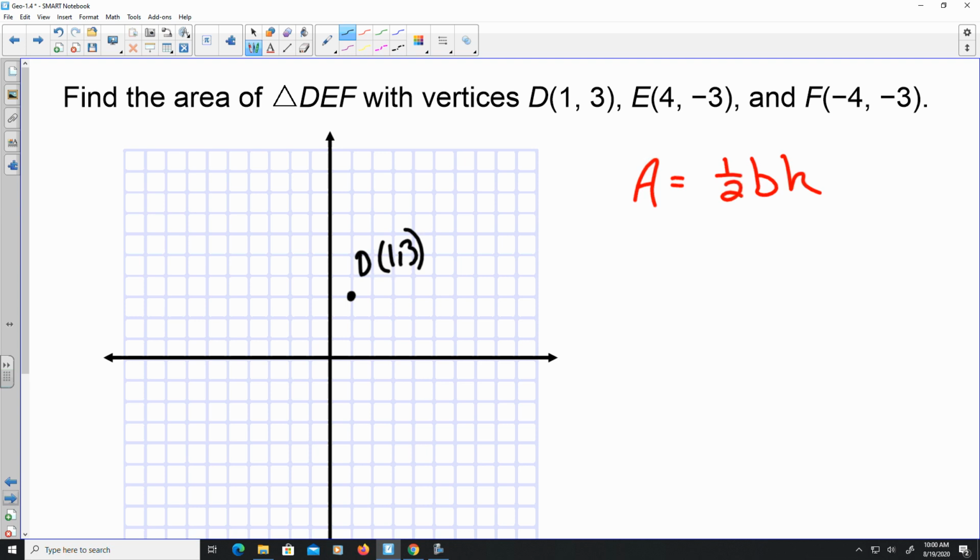E is at 4, negative 3: 1, 2, 3. So that's E, which is 4 comma negative 3. And F is at negative 4, negative 1, 2, 3. So it looks like, yeah, that's F.